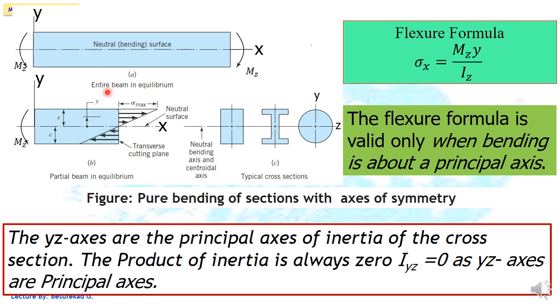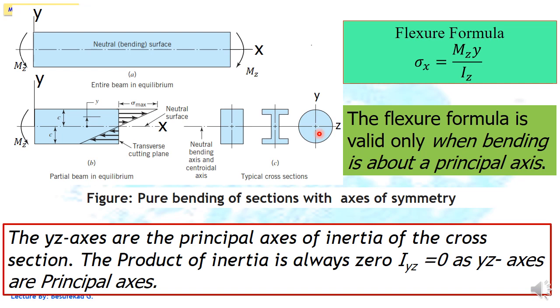Notice here that these y, z axes are principal centroidal axes. One thing that you need to remember when using this expression is that it's valid only when bending is about a principal axis. This equation is only valid whenever the couple is acting along one of the principal centroidal axes.